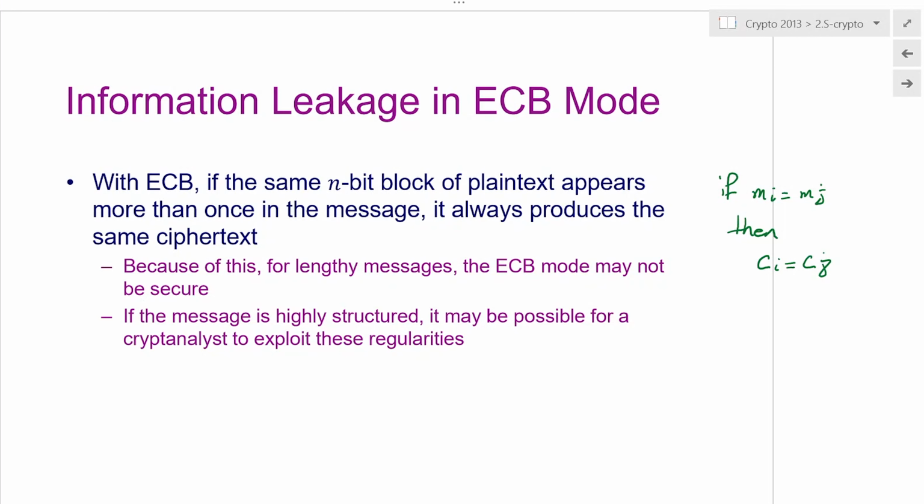If an attacker can look into the ciphertext and knows that you are maybe sending some document that has a structure, or maybe some random message that doesn't have any structure, then this property would help the adversary to distinguish. Just because of this repetition, he can tell if you are sending an encryption of that structured document or just an encryption of some random message. So this is something that is bad, and we do not want this to happen.